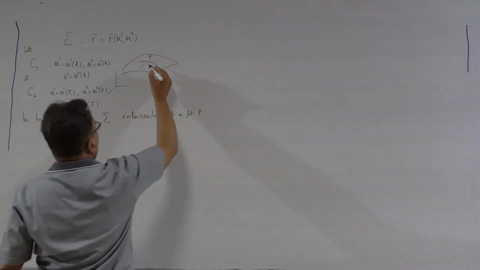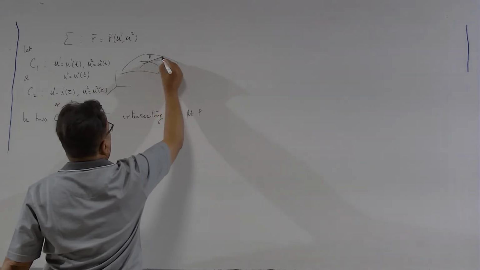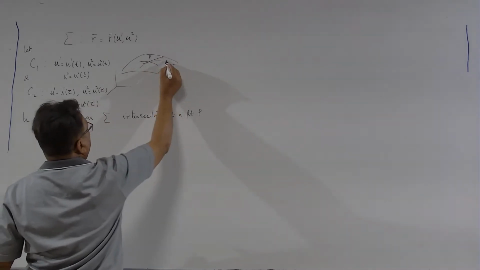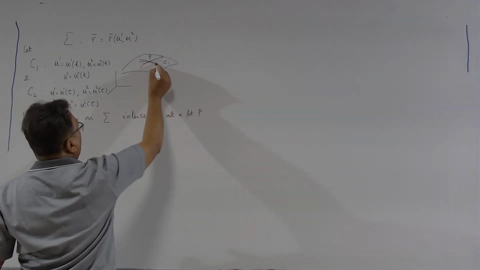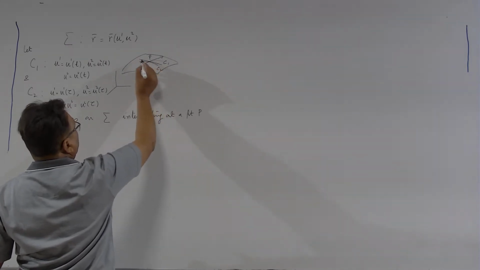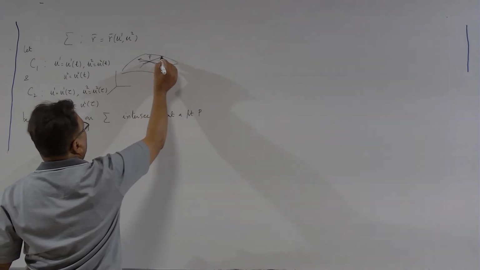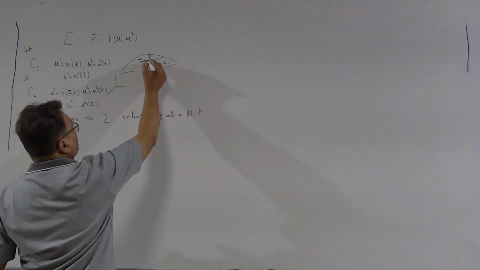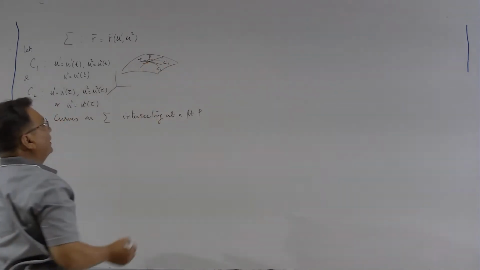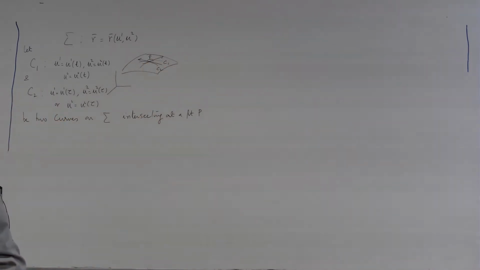So what we do, we draw the tangent at P to C1, this is C1, this is C2, and also the tangent to the curve C2 at P. So these are the two tangent vectors. The idea is that you just compute the angle between the two tangents on C1 and C2.